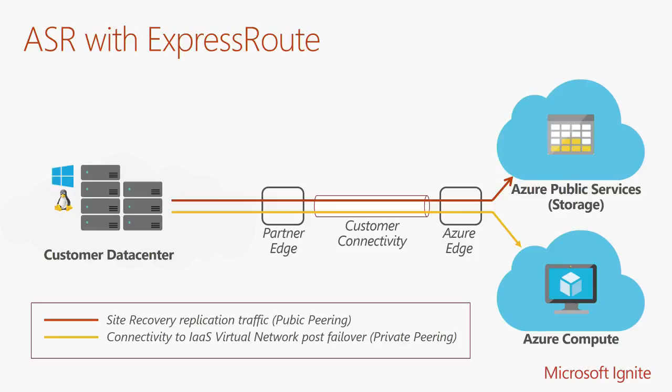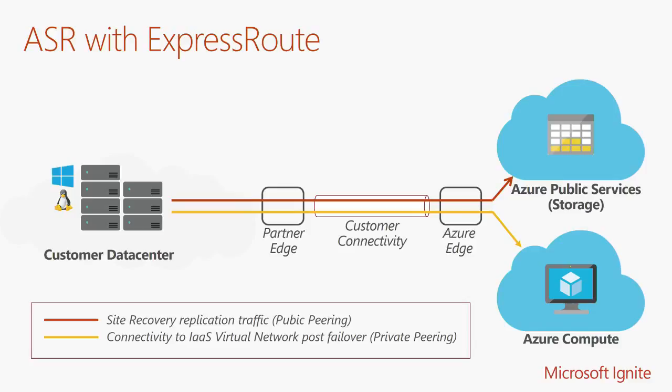But when we look at Azure storage, when we look at Azure SQL as an example, these are all public services which are actually using public IP addressing. When you enable public peering, what it does is it exposes those public IP addresses into your environment through your ExpressRoute.